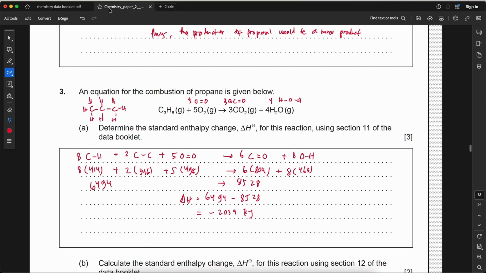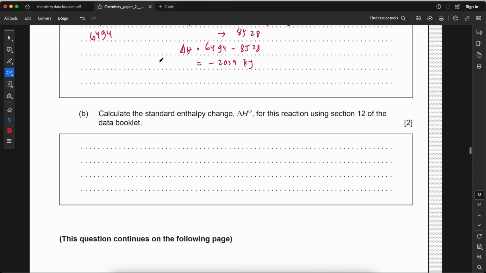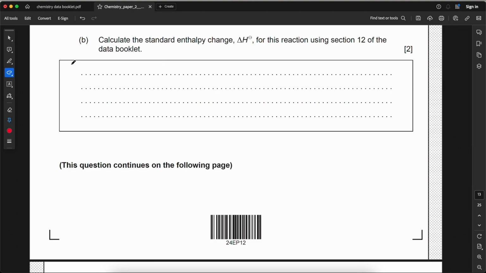Okay, so delta HF for water but steam, it's negative 241.8, and for propane it's negative 105, and for CO2 gas negative 393.5. So delta H is delta H product minus delta H reactant.